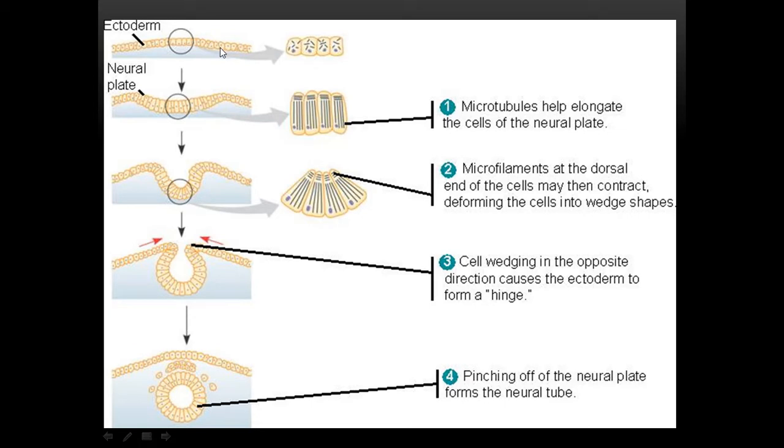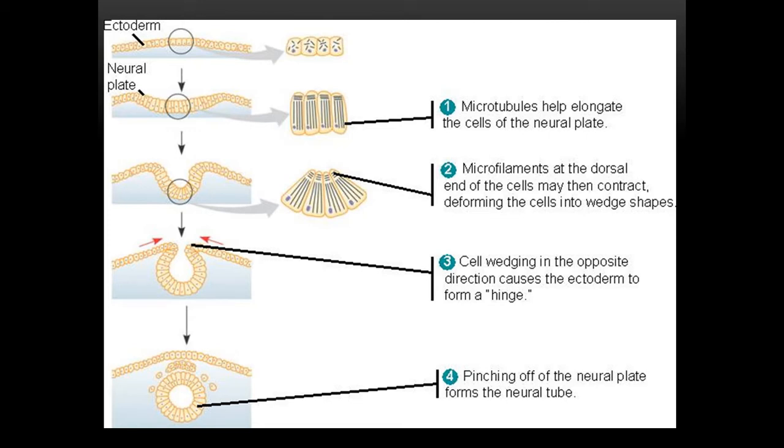From flattened cells, they will later transform as elongated cells by the help of microtubules. Their microtubules help them elongate, right, along the vertical axis. So the cells of the neural plate, particularly the cells in the middle, will elongate, right?